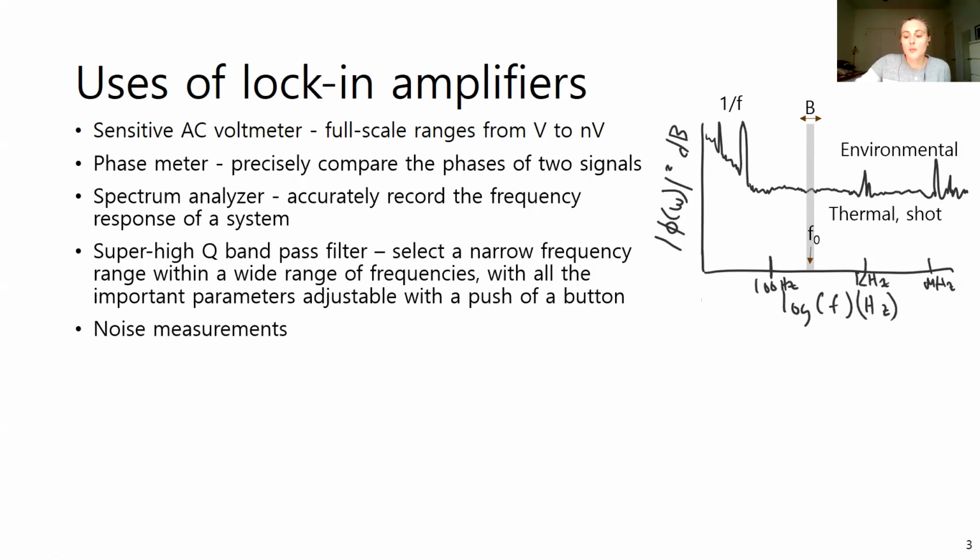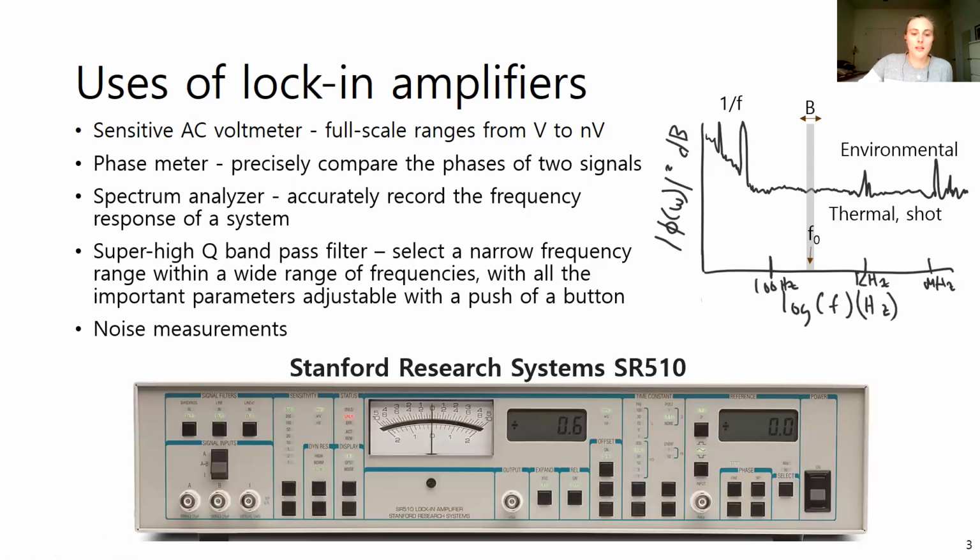The lock-in amplifier you would have been using is a Stanford Research Systems SR510. This is the front panel of it, and you'll be going over this in more detail in lab tomorrow. But I just wanted to point out, with some of these uses and ranges I mentioned, the sensitivity on this panel, where it goes from 1 to 500.